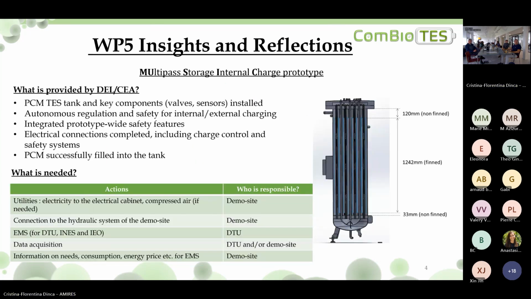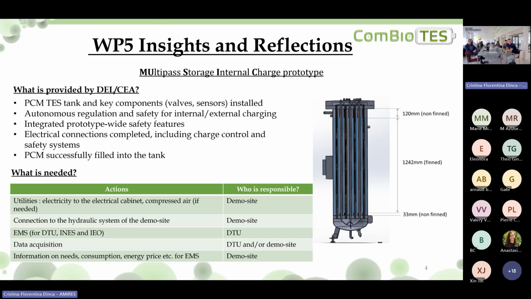Basically, one partner, Delaunay and CEA, provided a PCM tank with some key components, some valves, some sensors, some regulation and safety directly included in it. It was a very good idea on paper, and it has some drawbacks when experienced.